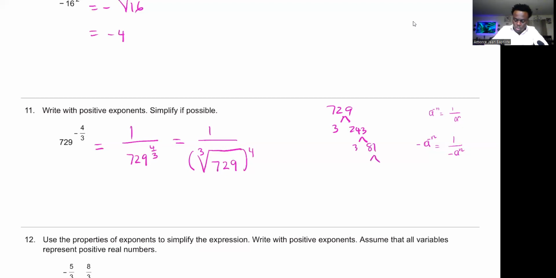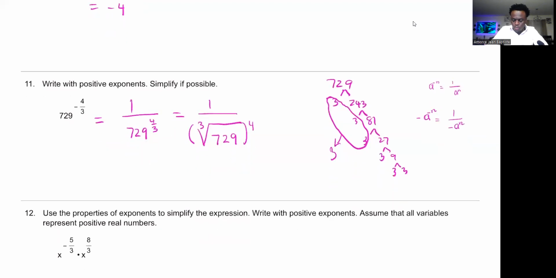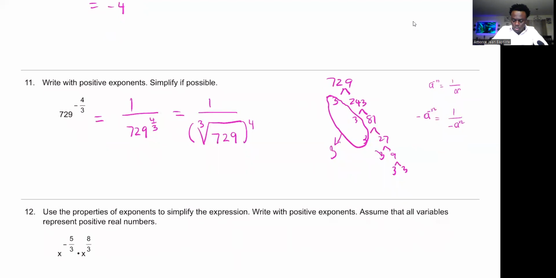And then keep going. 3 times 27. 3 times 9. 3 times 3. Make groups of three 3s here. One 3 goes out to be part of the radical solution. And then another group, another 3 goes out. Multiply the two 3s.